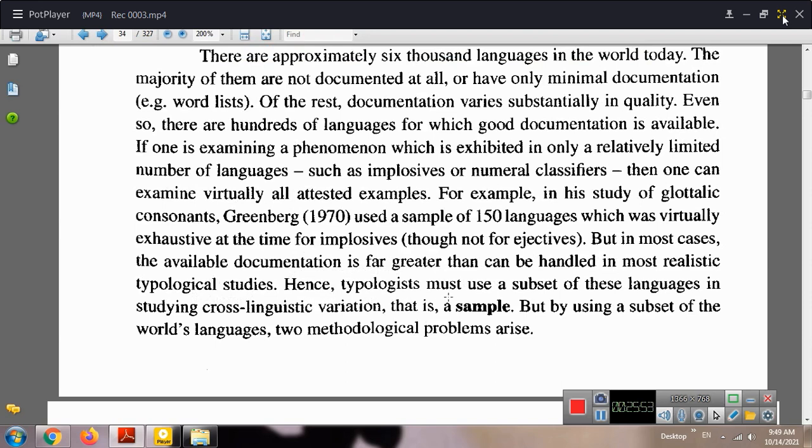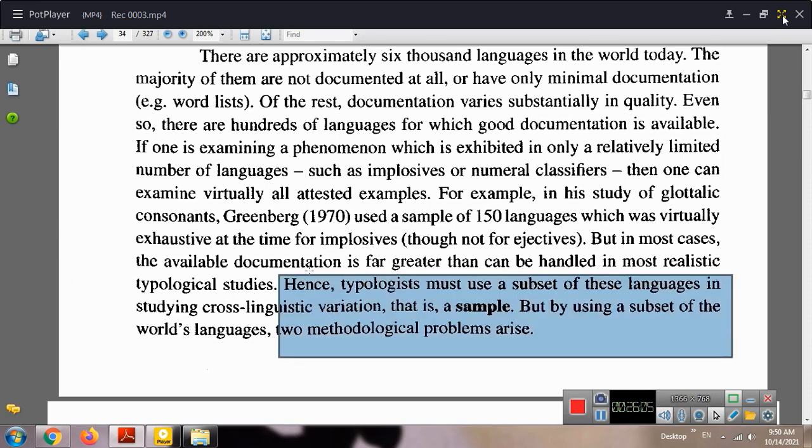Hence, typologists must use a subset of these languages in studying cross-linguistic variation. That subset is a sample.